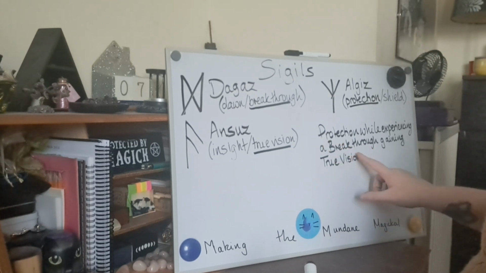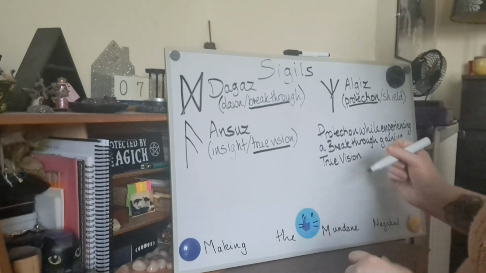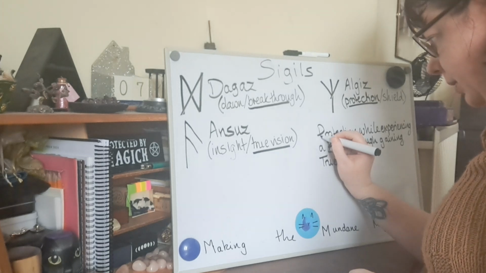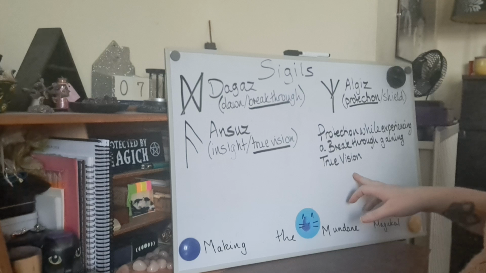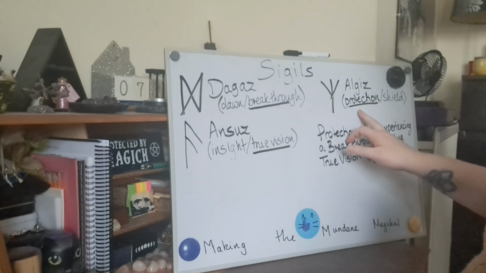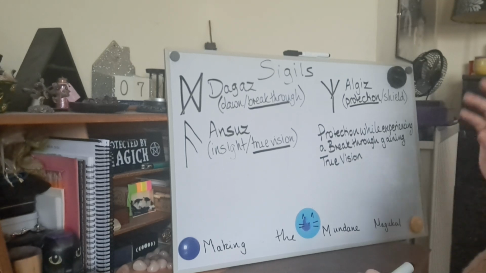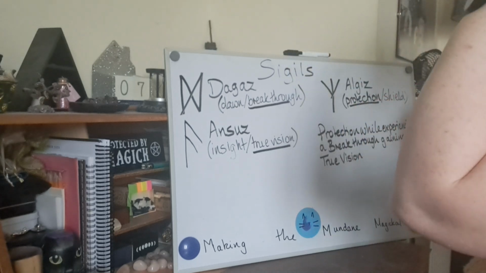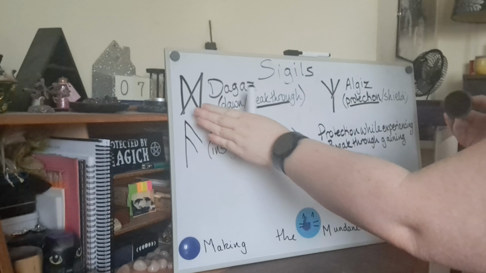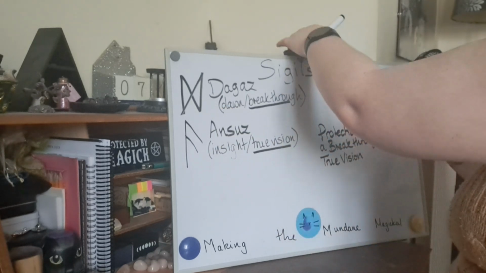So the words where I've started with a capital letter, so Protection, that is a capital P. Protection, Breakthrough, and True Vision. That's when these come in. So again, it's just these three. That's all it is.